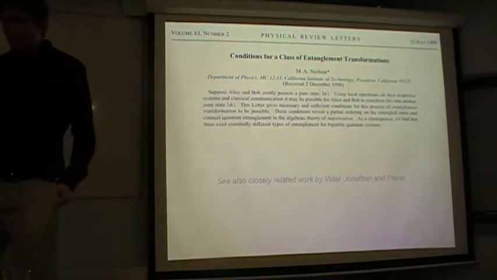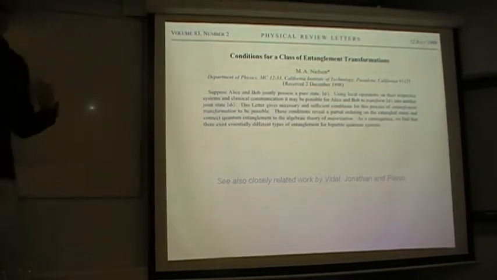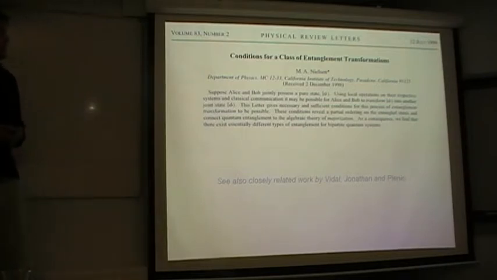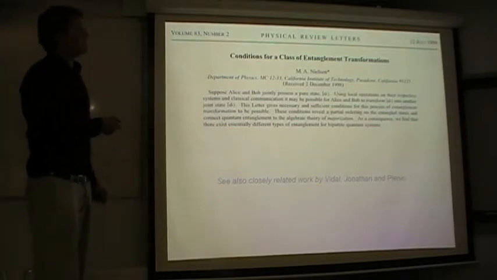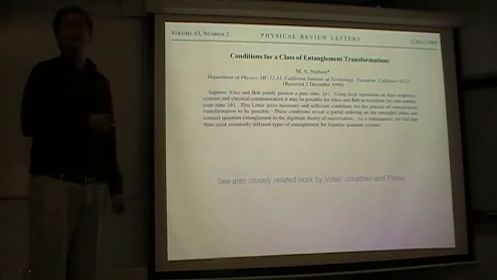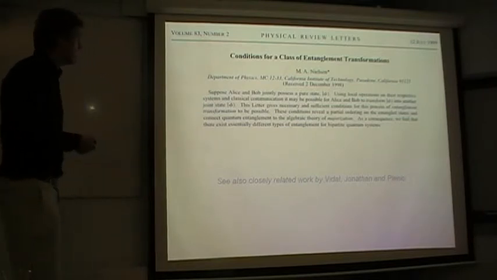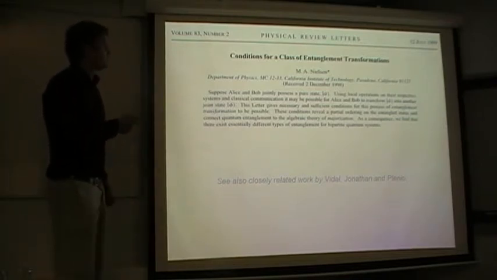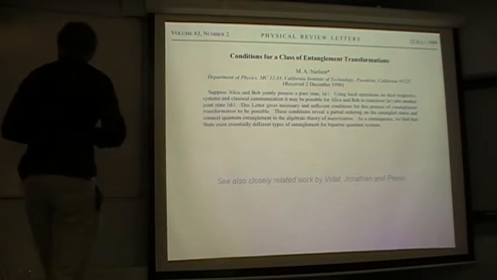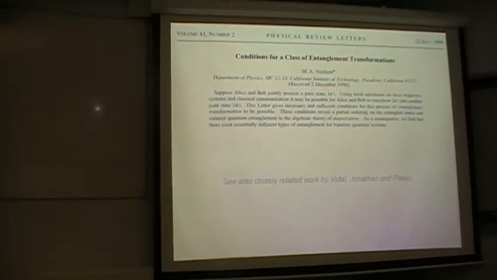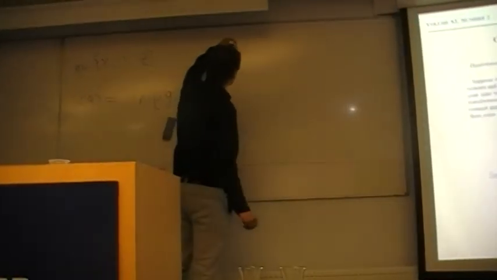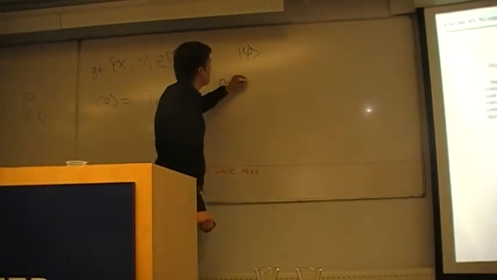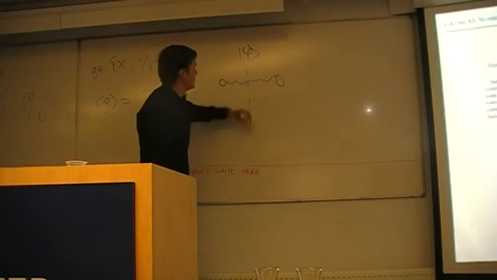So one of the reasons why these things are known by some people in the quantum information community is that it has to do with entanglement transformations. So Nielsen in particular showed that this is for the kind of scenario where you have a state which is actually shared out between two parties, Alice and Bob.